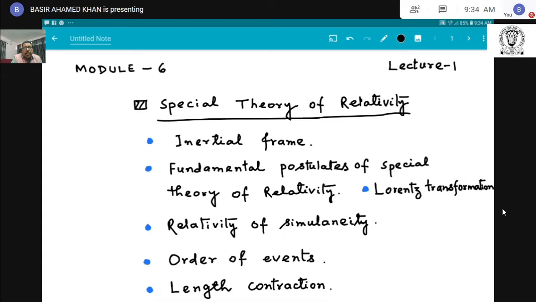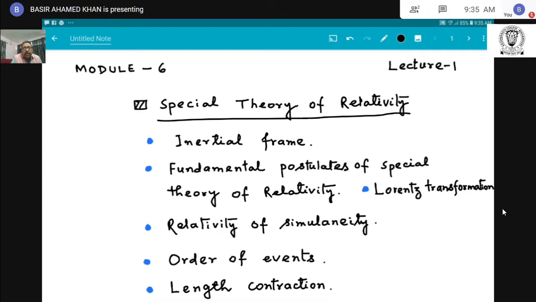These topics are the inertial frame, the definition of inertial frame, then the fundamental postulates of Special Theory of Relativity, then Lorentz transformation and inverse Lorentz transformation. Next is relativity of simultaneity and the order of events, and lastly today I will talk on the topic length contraction.